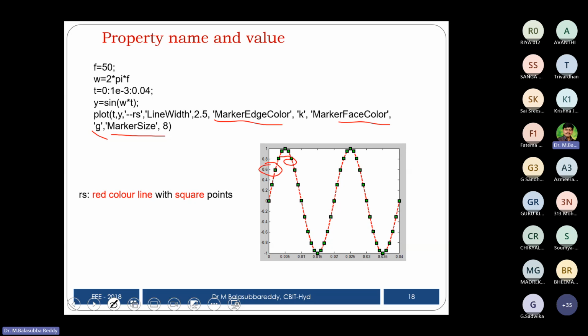Inside is green, but the line border is shown as k, that is black. And then the size: marker size is 8. If you want to make it 12, it will be a little bit bigger. So it is very user defined and friendly. We can get different colors. So now we can see a red color and then square points and so on.